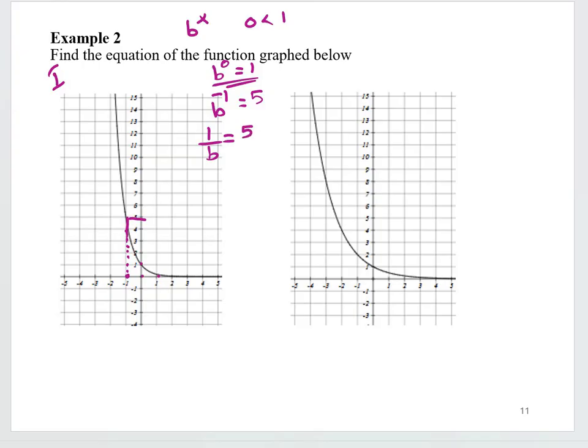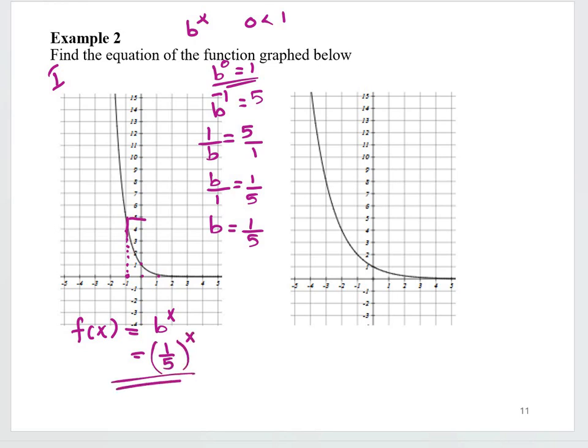If we flip both sides, we get b over 1 is equal to 1 over 5. So the b value is equal to 1 over 5. So f of x is equal to b to the power x, and b is 1 over 5, so it is 1 over 5 to the power x. So that is the equation.